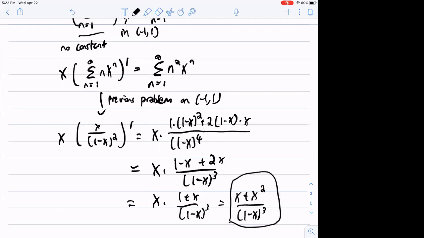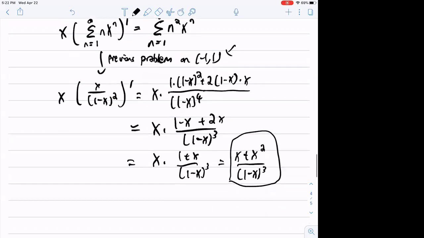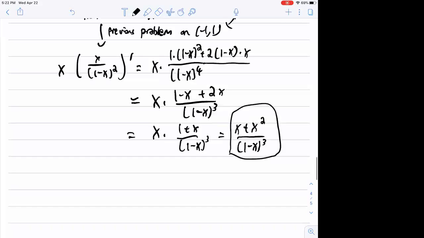Again, this is on this interval; we don't know what it is outside. In fact, at 1 it's infinite. It blows up. Any questions so far?